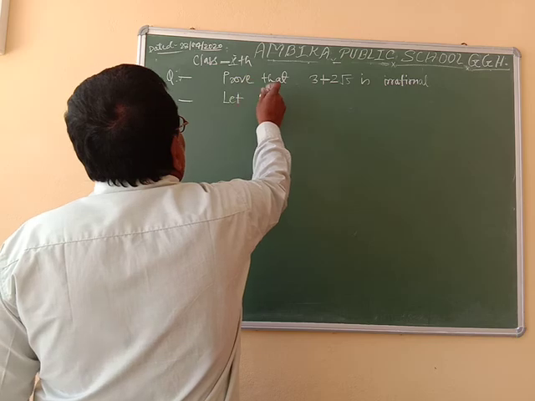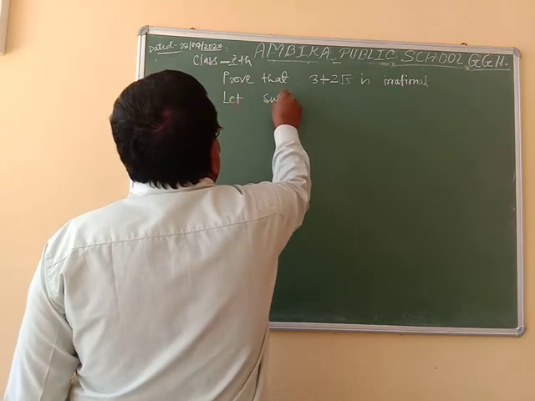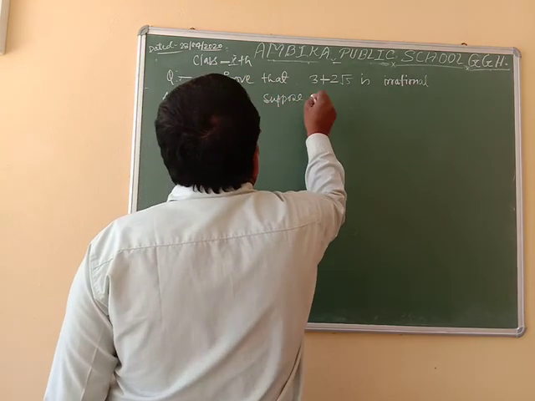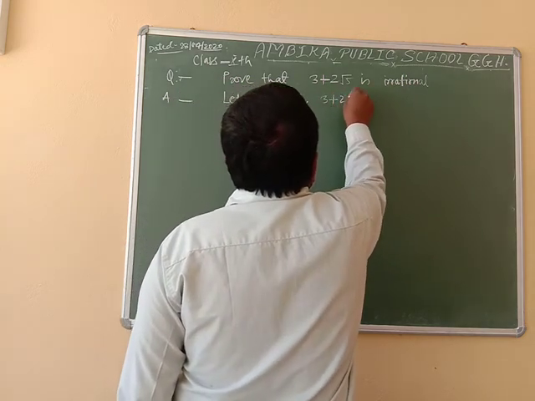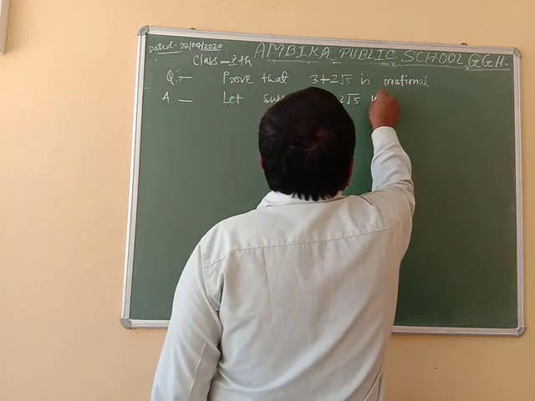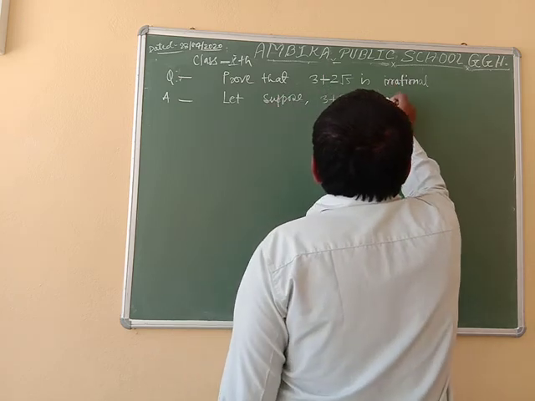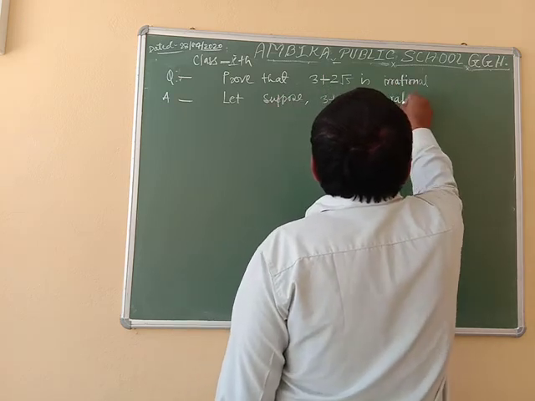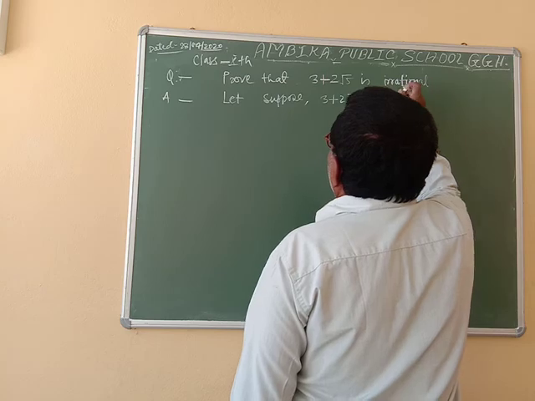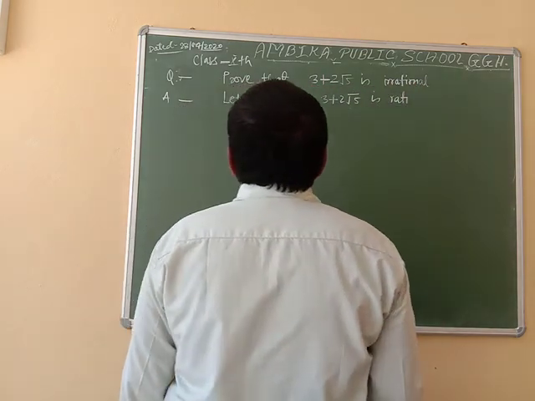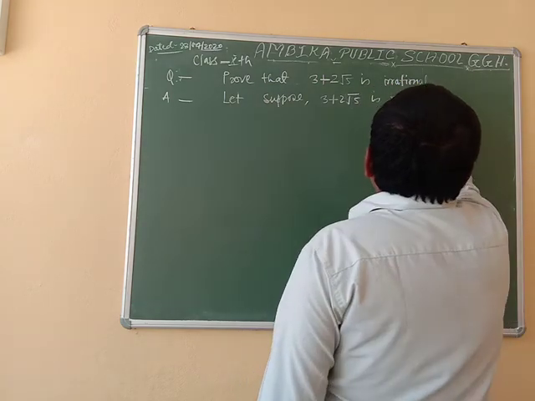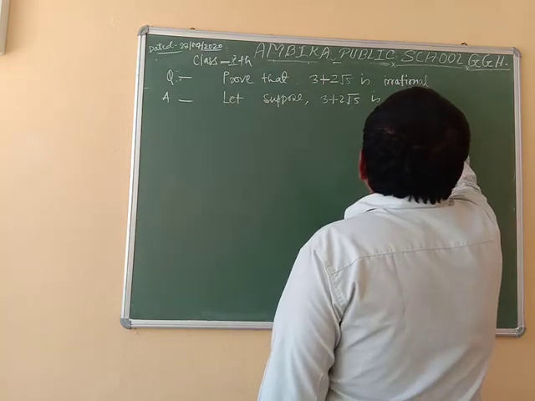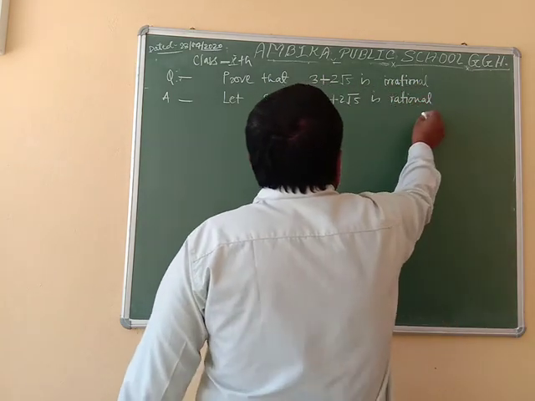Let us suppose 3 plus 2 root 5 is rational.